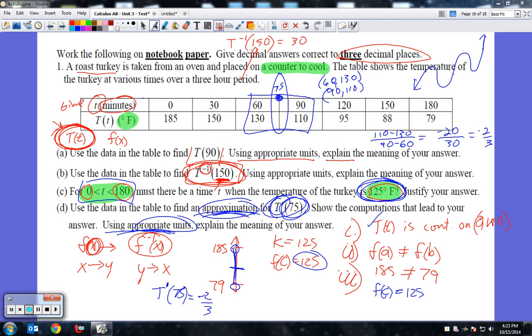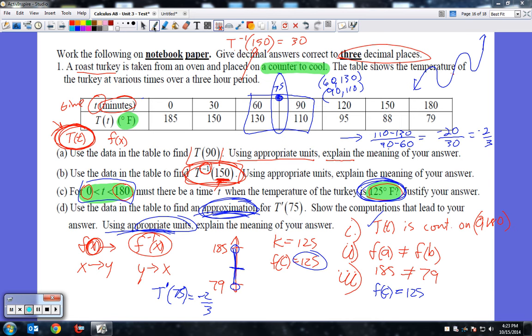Okay? Use the data to find the approximation for what is the slope at 75. Approximation shows you that average rate of change, that secant that you're looking for at 75. Show the computations. Here are the computations. We used units. As far as the units go, this is the changing degrees Fahrenheit.